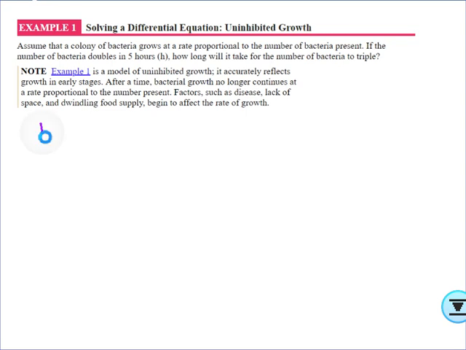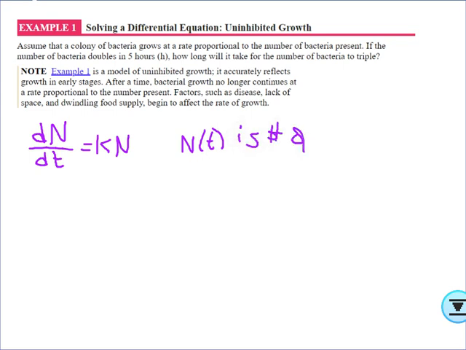So it's going to follow this model where K is a constant and N of t is the number of bacteria present at time t.